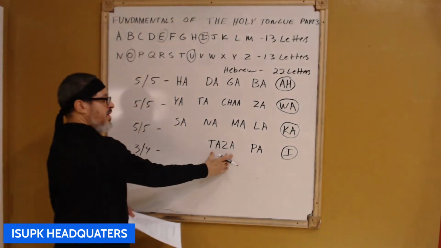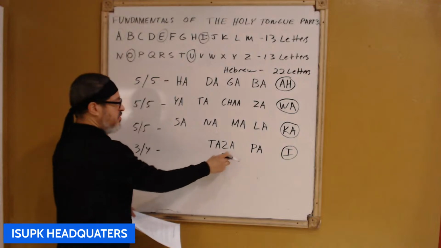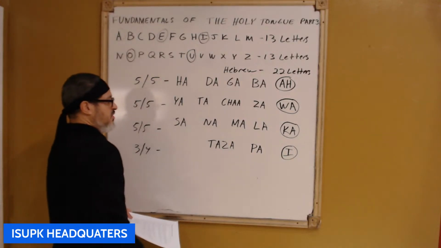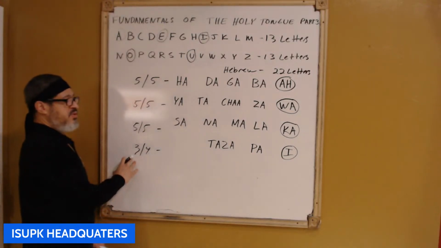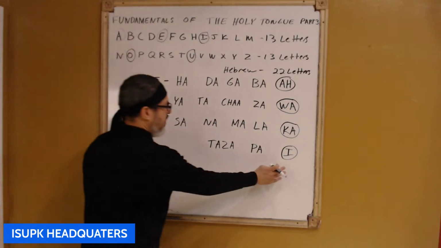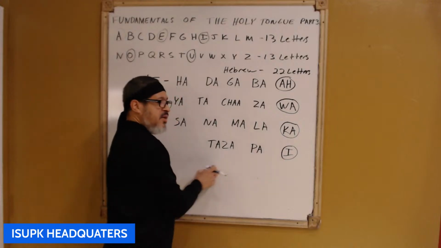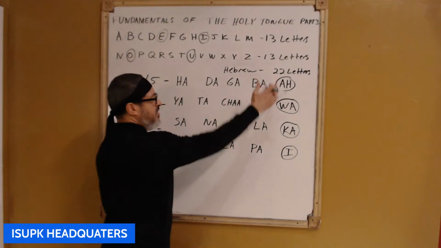Now, ta, za is 1 character, but it's the only one that has 2 different sounds to it, so 2 syllables to it. So then I memorized, all right, next one was 3 characters, but there's 4 sounds. And it starts with I. So I just memorized this. I, pa, ta, za. I did each one of these.